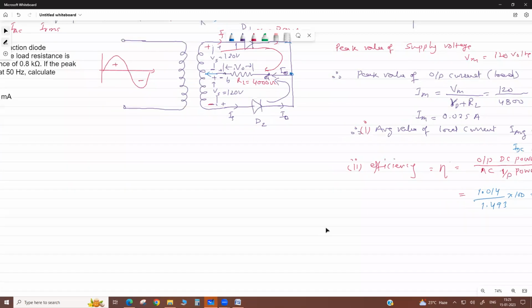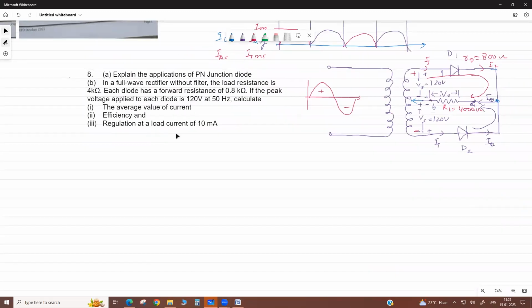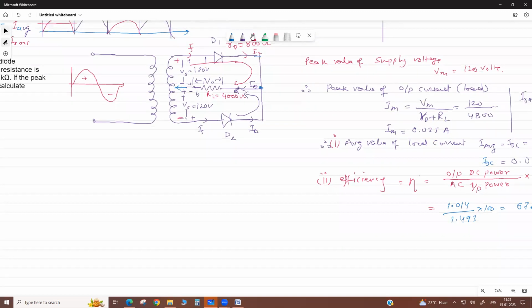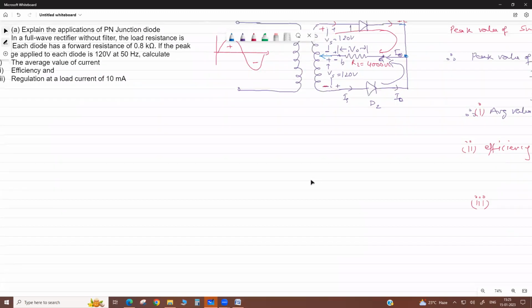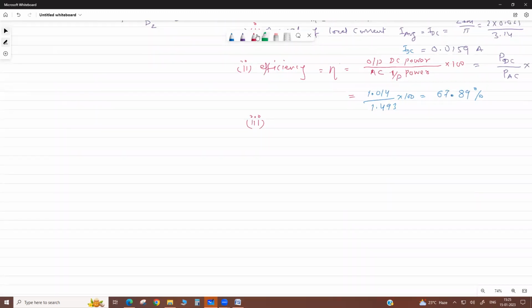Next, he has asked for the regulation when load current is 10 milliampere. Now, please, he has not considered this load current. He gave it in the third question. He said that regulation is with load current, and load current always means DC value. So here it is given: if IL, load current, means your output current, that is DC value.